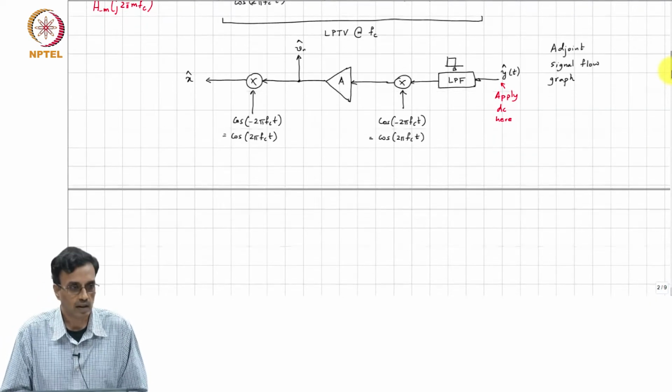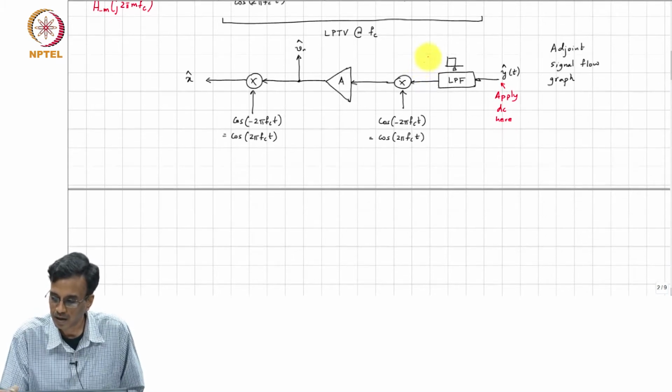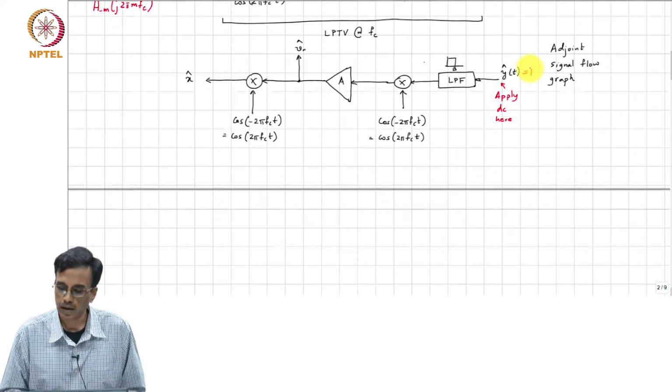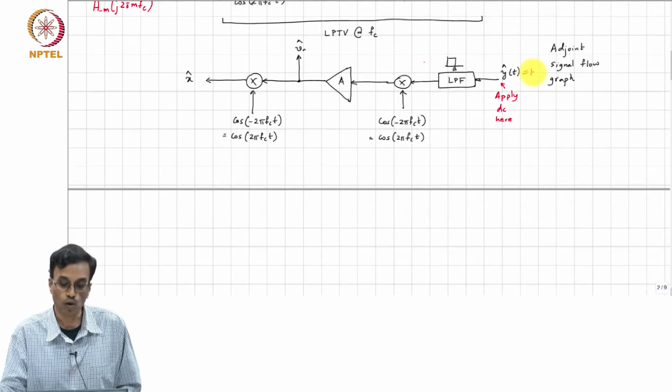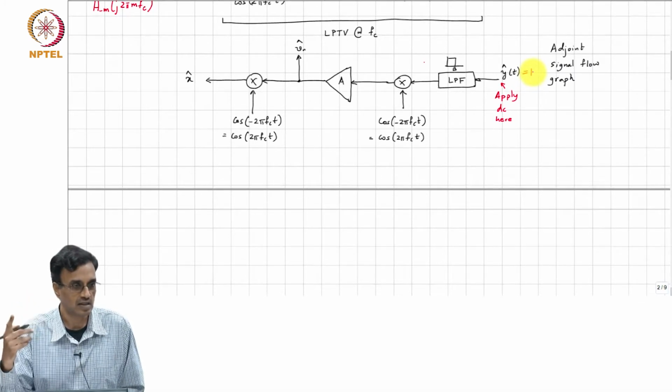So, you apply DC here. What do you get here? Let us assume y hat of t is 1, and the reason we are applying DC is that our output frequency of interest in the original signal flow graph is DC, right.